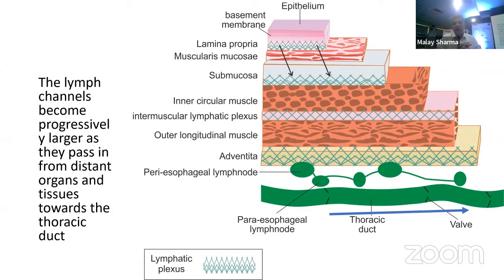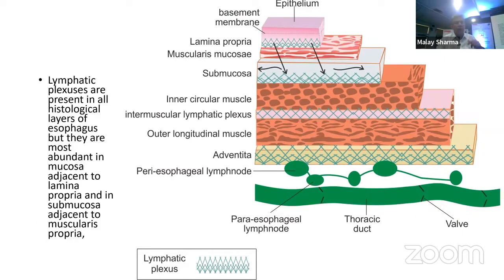Ultimately, the aim of these lymphatic capillaries is to drain via the thoracic duct in a cranial direction. The lymphatic plexuses are present in all layers of the esophagus, but they are most abundant in the mucosa adjacent to the lamina propria and in the submucosa adjacent to the muscularis propria.